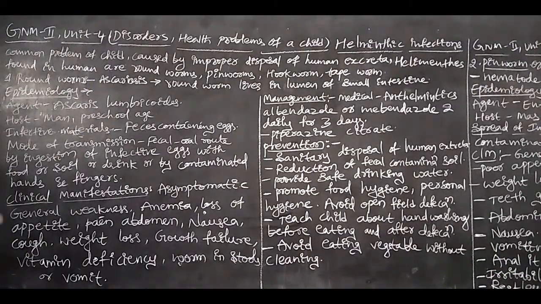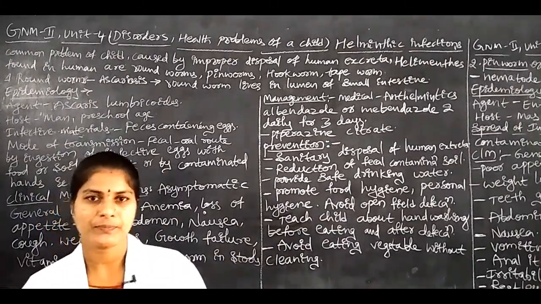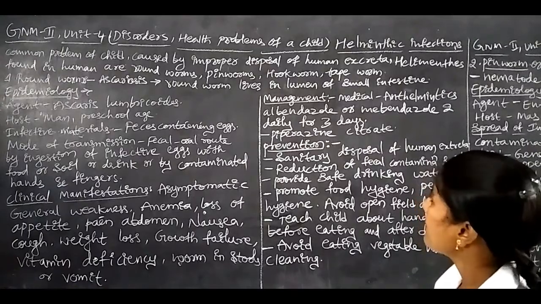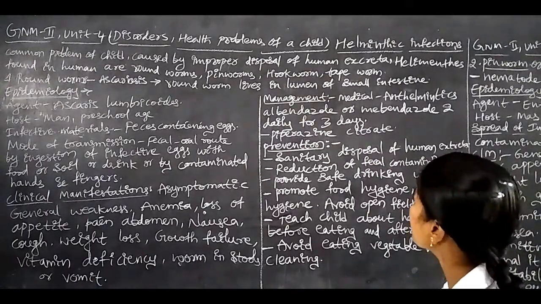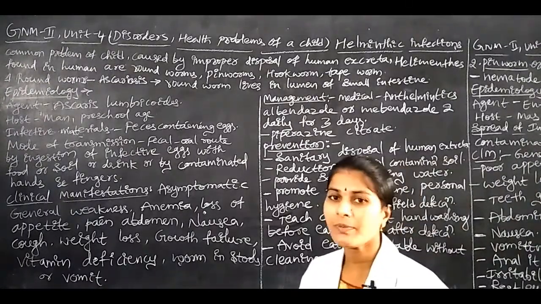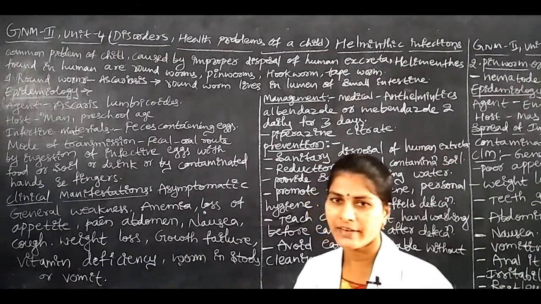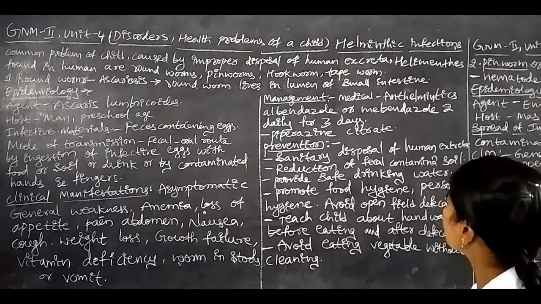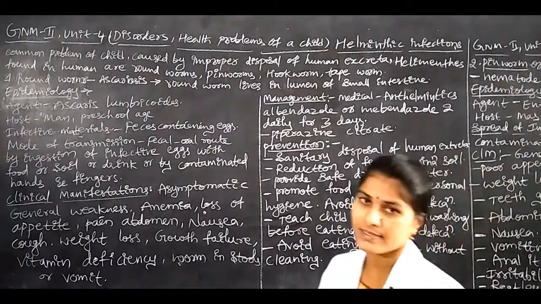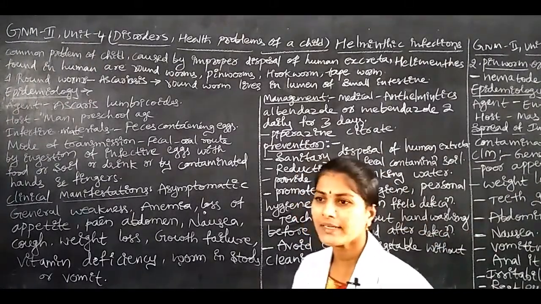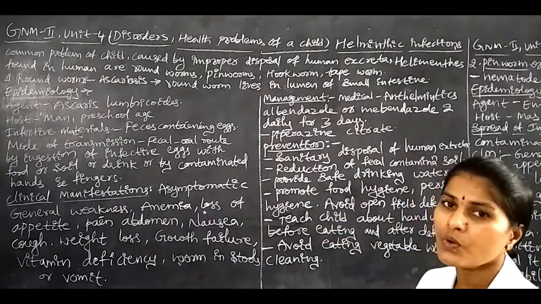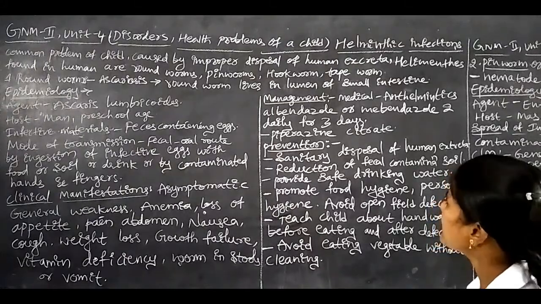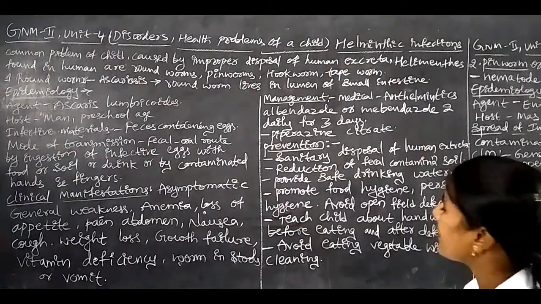Okay, next we are going to discuss management. What is the management for this type of helminthic infection? We have discussed medical management for helminthic infections. In medical management, first we administer anti-helminthic drugs to children suffering with helminthic infections, especially albendazole or mebendazole.